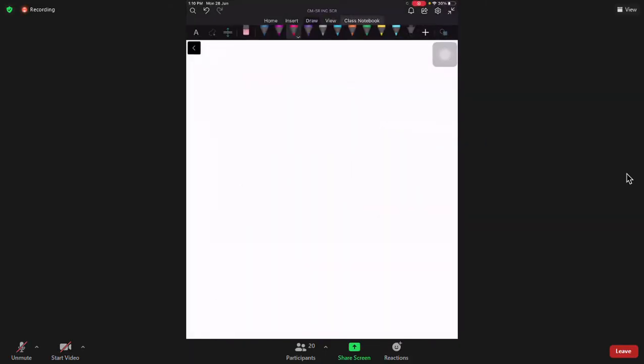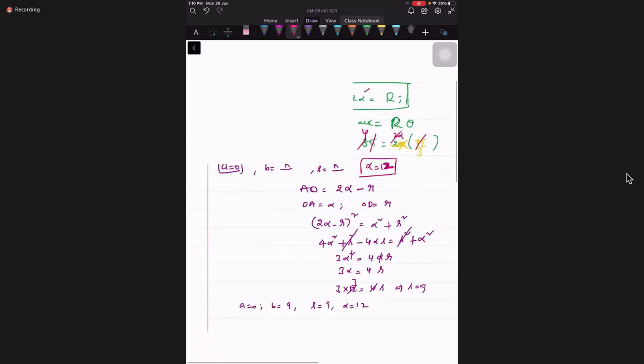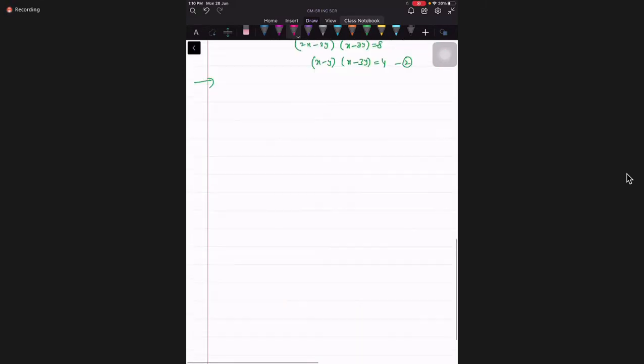Question 72. The locus of the foot of the perpendicular drawn from the vertex on a variable tangent to the parabola.